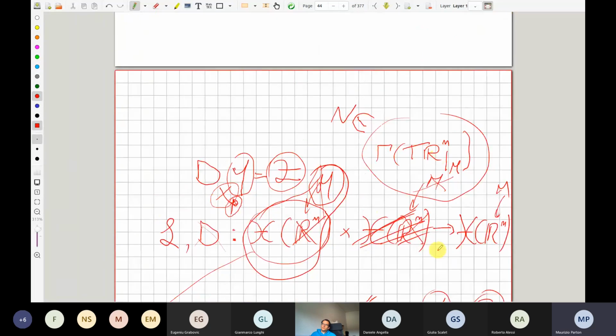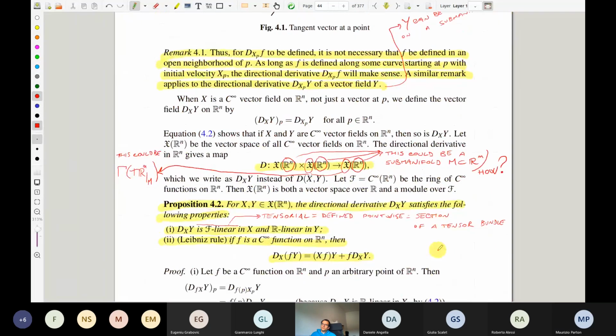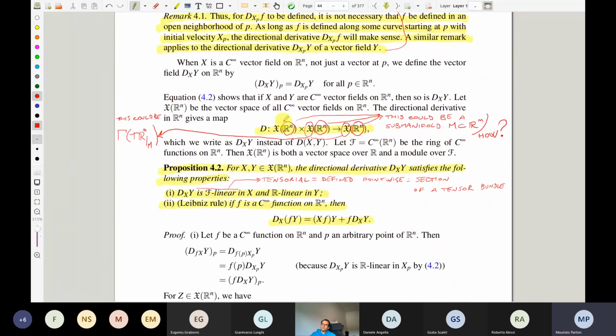Okay, this is just the reason for all this notation here. Properties. First property: the derivative is f linear in x, which is what I was telling you. It is tensorial, it is defined pointwise. More on this later.